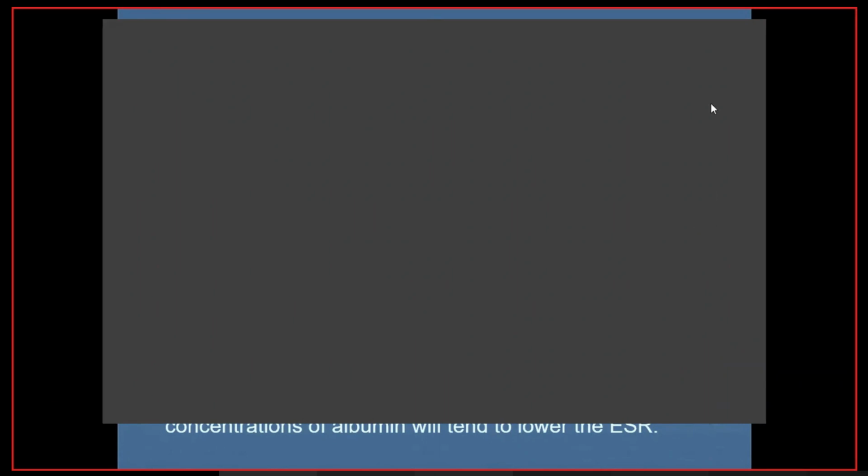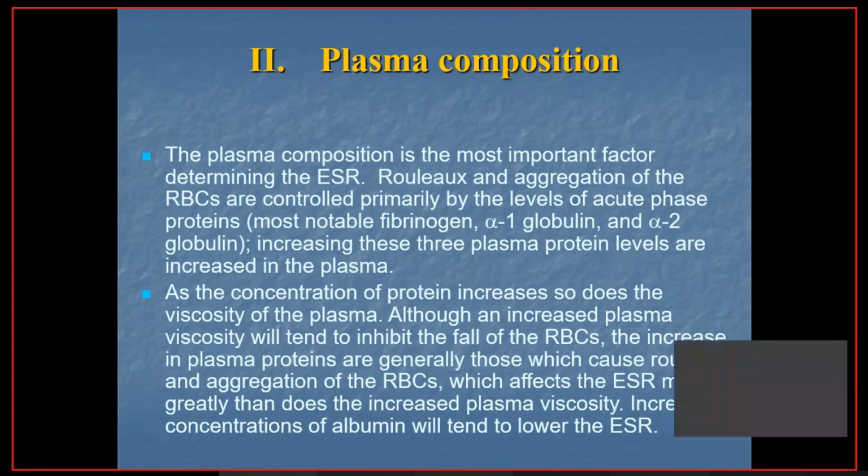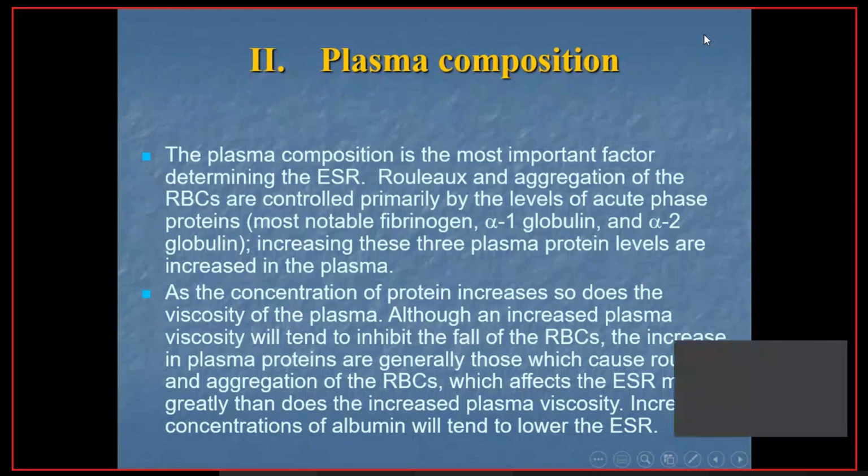Rouleaux and aggregation of RBCs are controlled primarily by acute phase proteins, mostly fibrinogen, alpha 1 globulin and alpha 2 globulin. Increasing these three plasma protein levels increases the ESR.